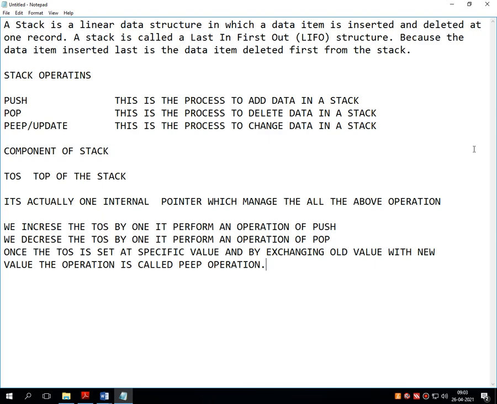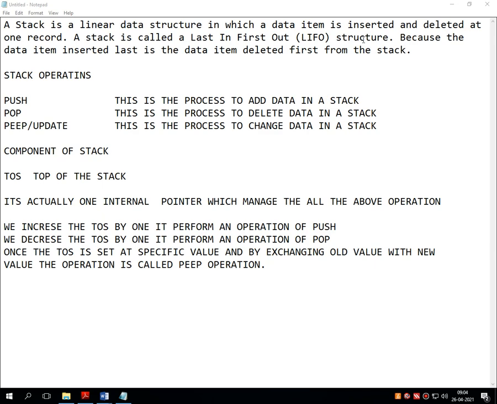To perform all these operations, one component we have to keep in our mind. That component is called as top of the stack component, or in short it is called as TOS. TOS is actually a type of internal pointer which manages all the previous operations.